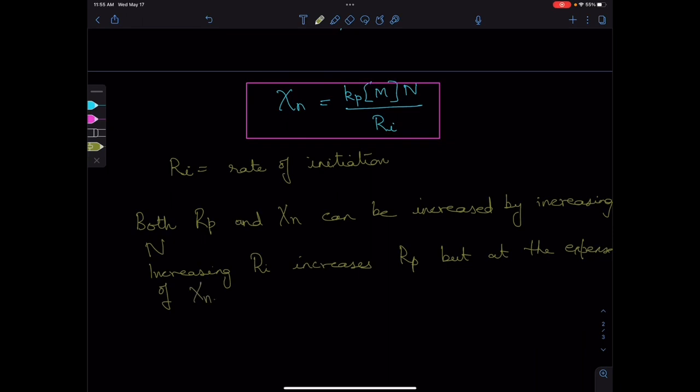The polymer particle concentration N can be increased by increasing the surfactant concentration.